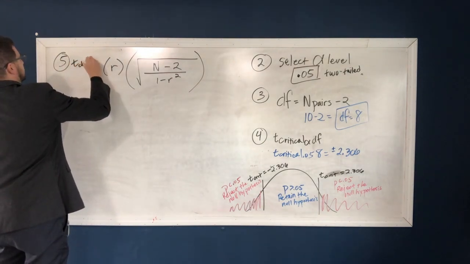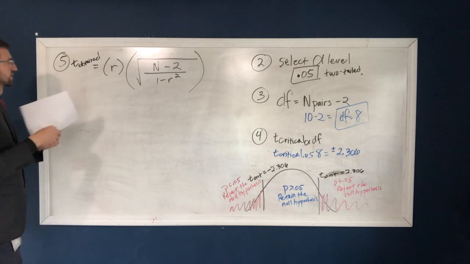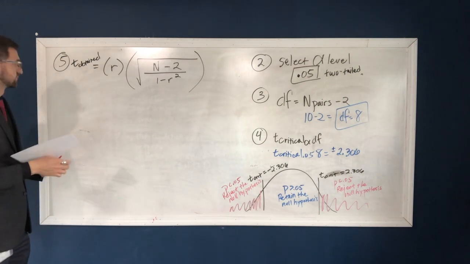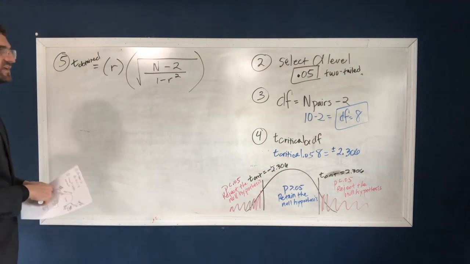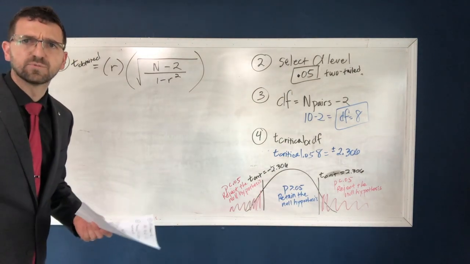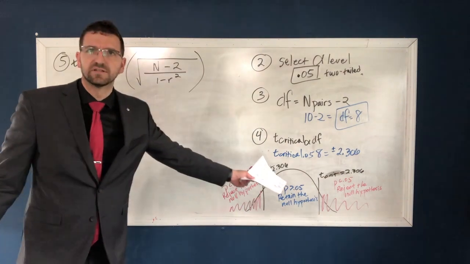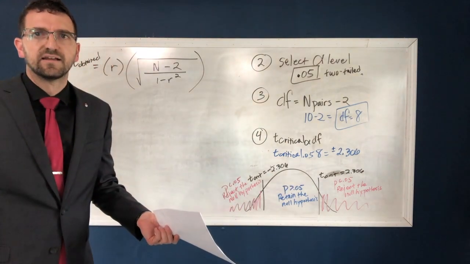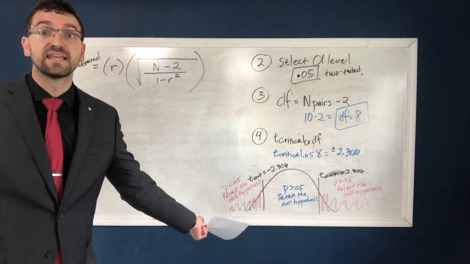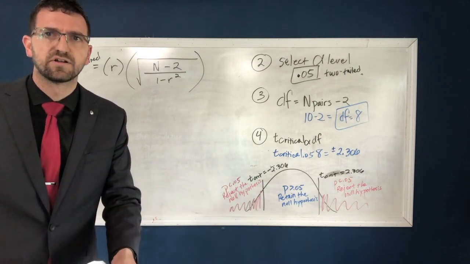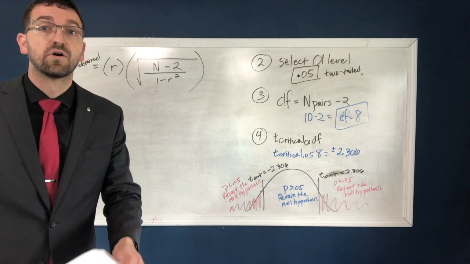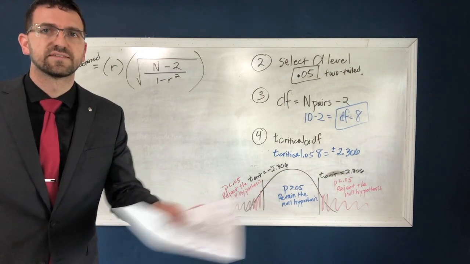So T, and then I'm going to write obtained. So all we need to do is fill in the blanks and calculate it. And once we have our T obtained, we're going to compare it to our T critical and see where it falls. We're going to see whether we reject the null hypothesis and interpret the alternative hypothesis or retain the null hypothesis.